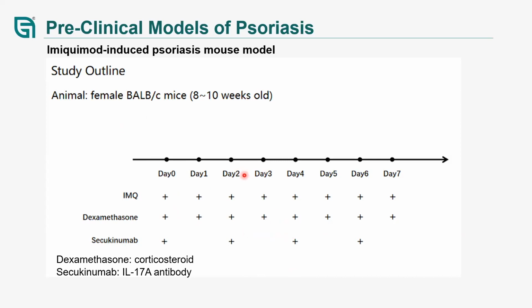Applications of IMQ were done on 8 consecutive days, and mice were treated with dexamethasone or secukinumab as a therapeutic. Secukinumab is an IL-17A antibody that's used in the clinic. This model allows evaluation of drug efficacy for psoriasis treatment.